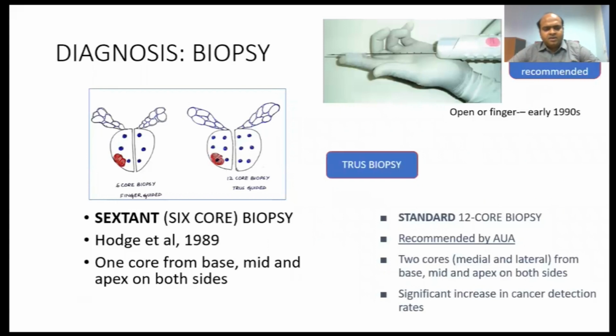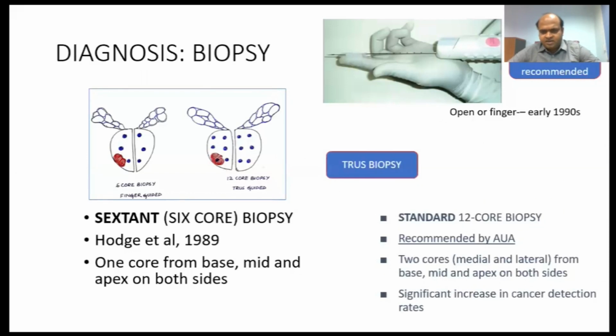In the past, a 6-core biopsy was commonly done, which included one core from base, mid-zone, and apex in both lobes.